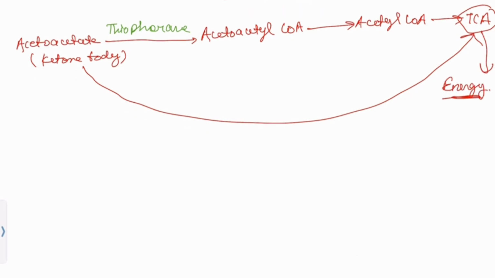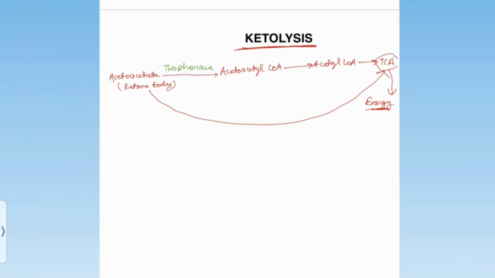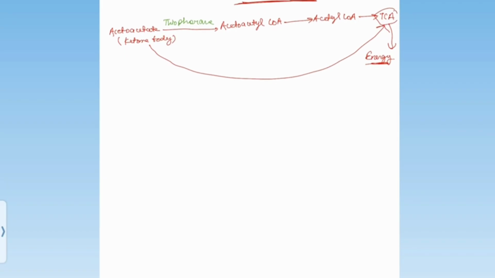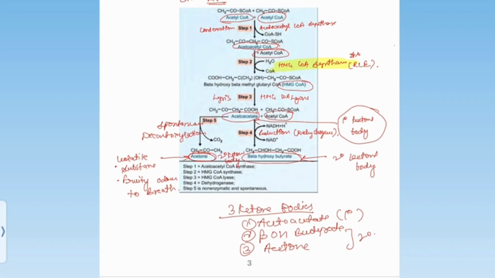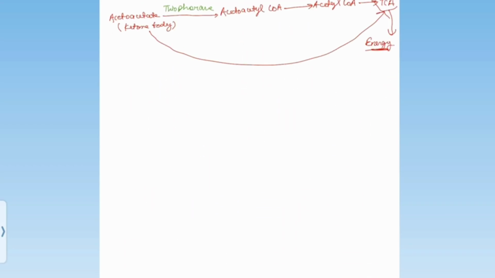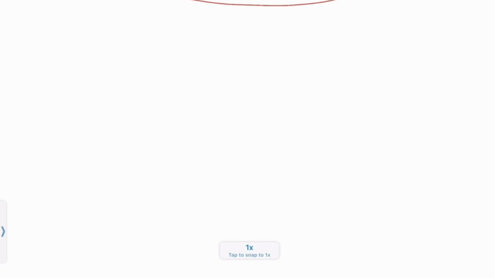Now the question arises that now we have energy in starvation, but who will utilize it? So we have already studied that ketone bodies are formed in the liver, but they cannot be utilized by the liver. I will later explain the reason. So ketone bodies are utilized by extrahepatic tissue, as I have told that the liver cannot utilize it.